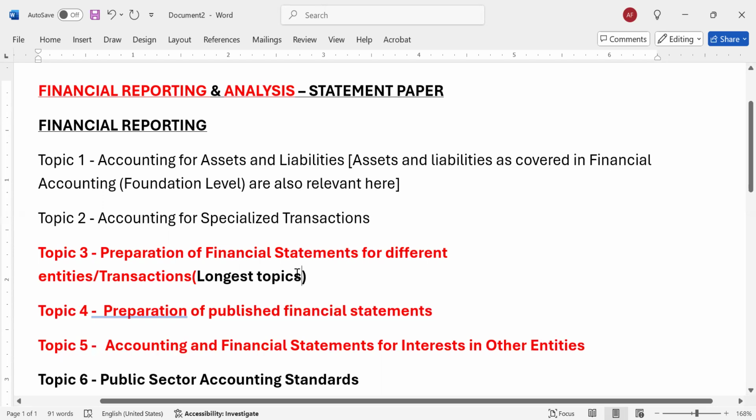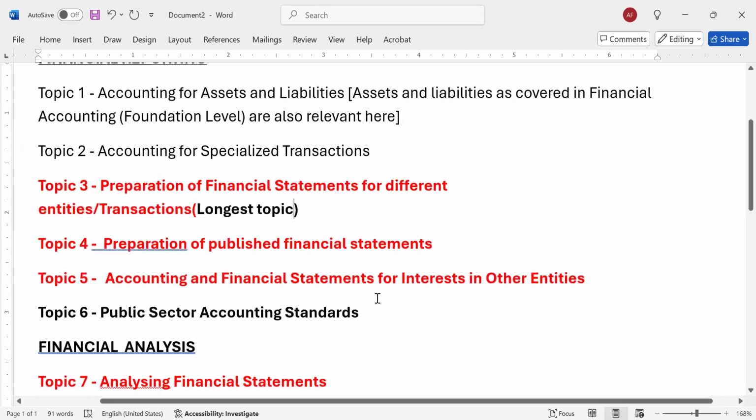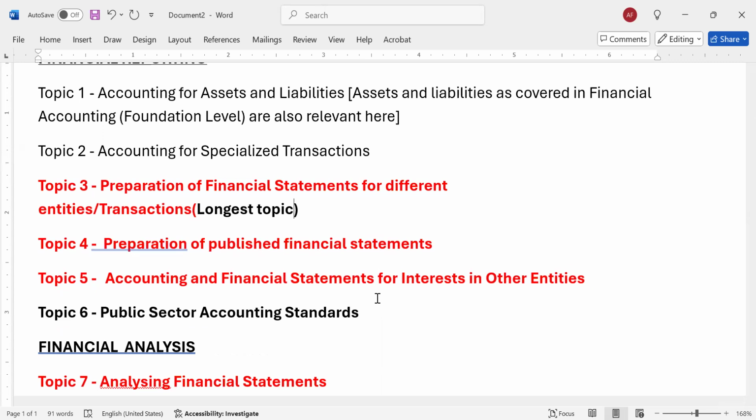After this, whatever we will be expected to handle, where at times it will take us a lot of time but it is not long, is topic number 5, which is in relation to accounting and financial statements for interest in other entities.